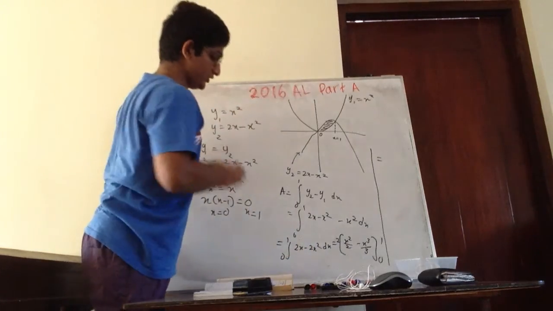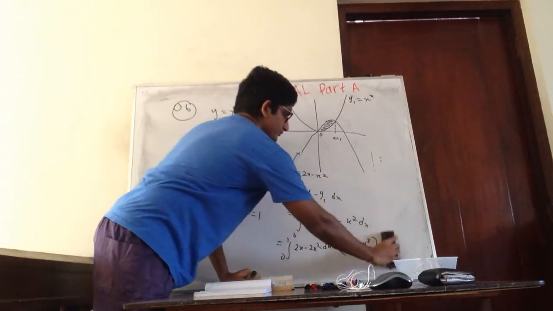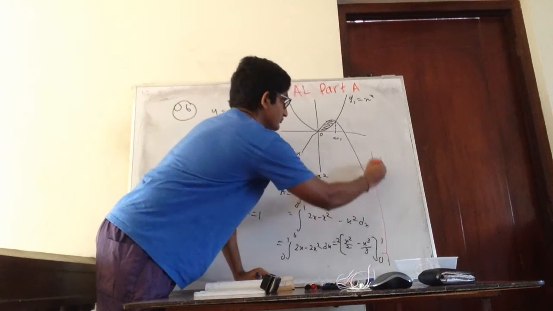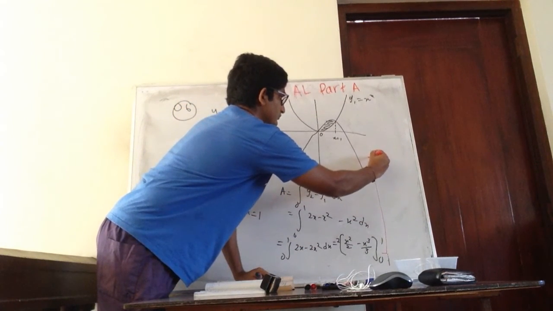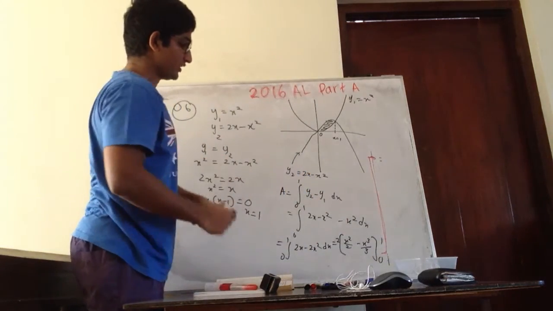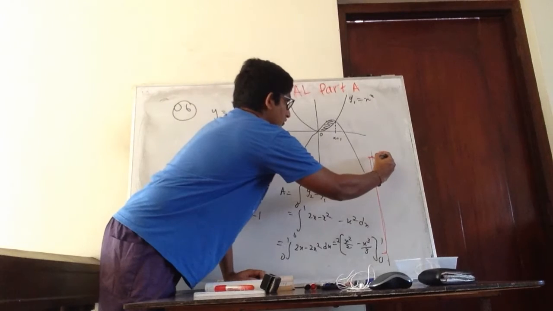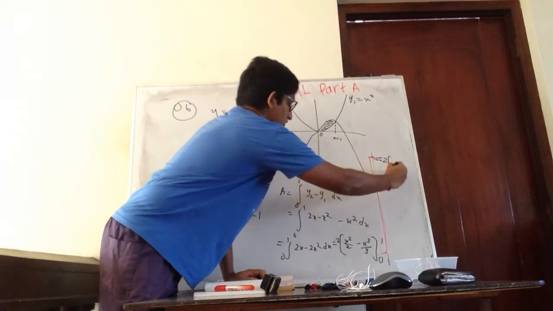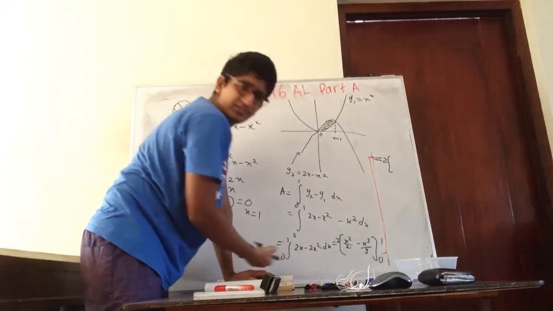So it's basically, I will get what? 2 is out, and the 0 is anyway out now.